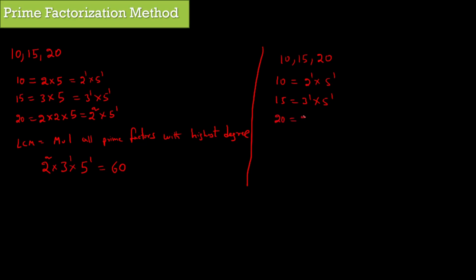And 20 is written as 2 power 2 into 5 power 1. But when it comes to HCF, we will multiply all the common factors with lowest degree.